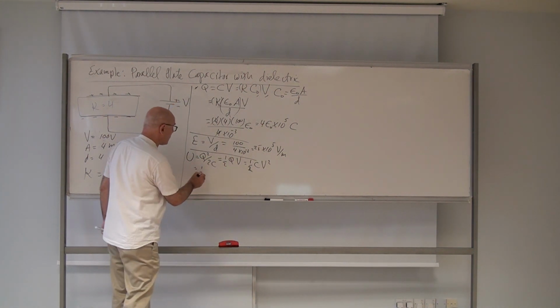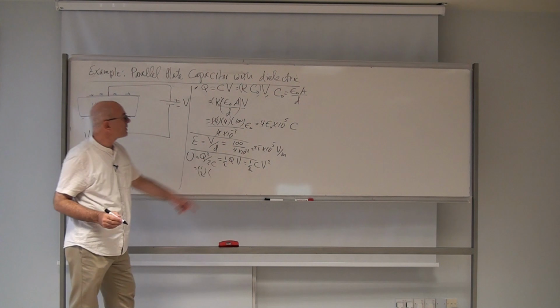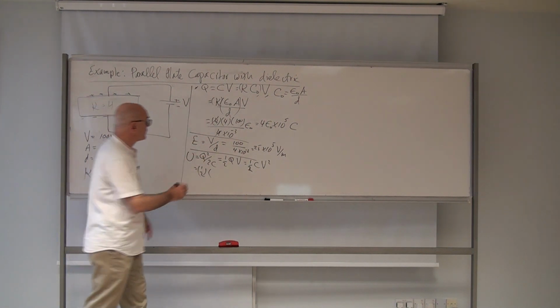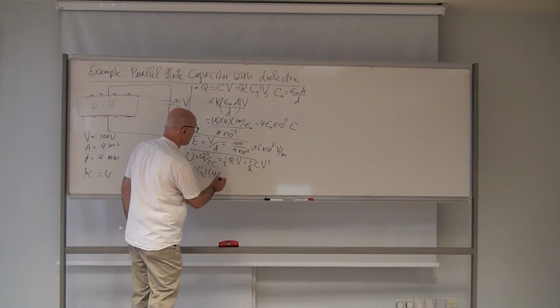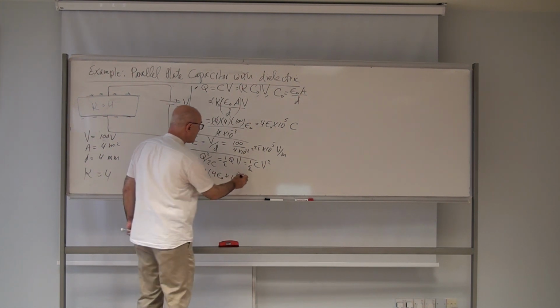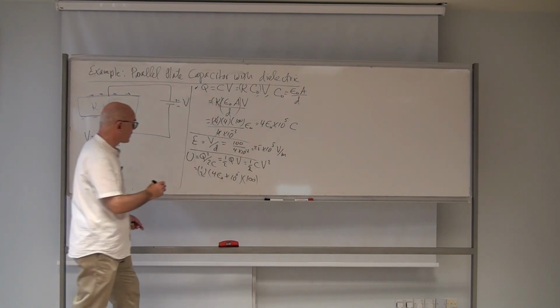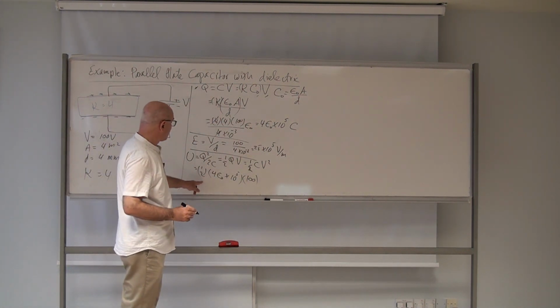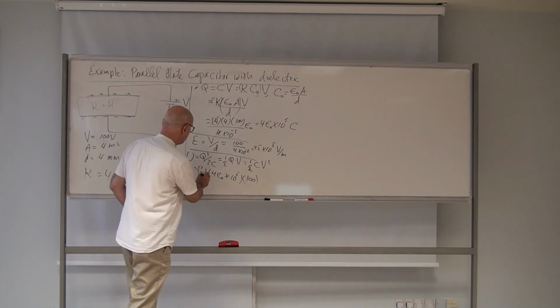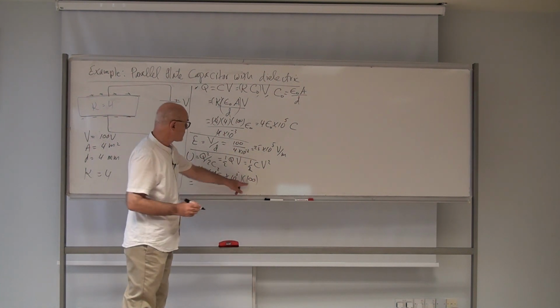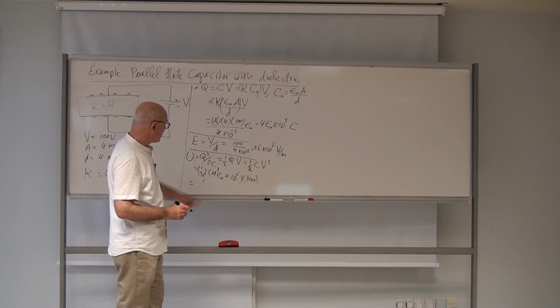So this is equal to 1/2 multiplied. What is Q that I have found? It is 4 epsilon naught times 10 to the power 5, and V is 100. So 4 divided by 2 is 2, and 2 times 100 is 200 times 10 to the power 5.